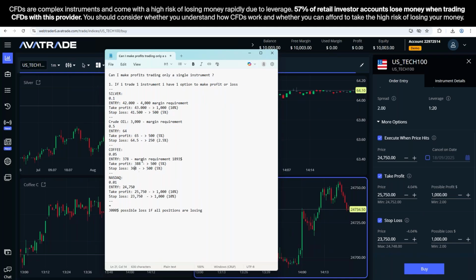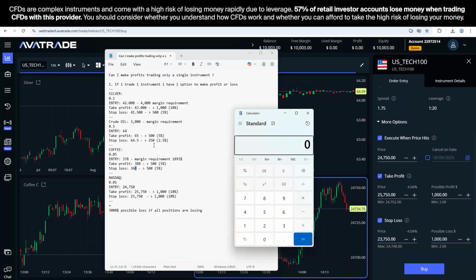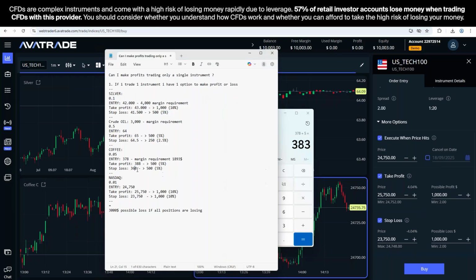Same thing in here. So we can say 78. Instead of increasing it by 10, we can increase it by 5, which brings us to 383. And this also minimizes my possible loss to 2.5.